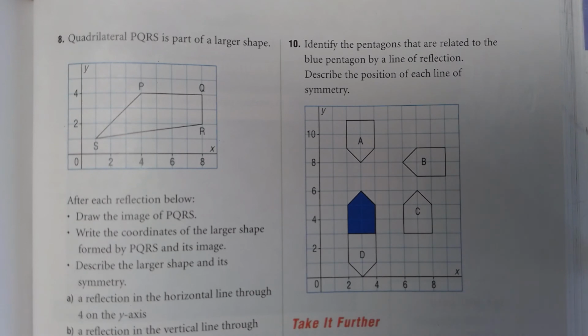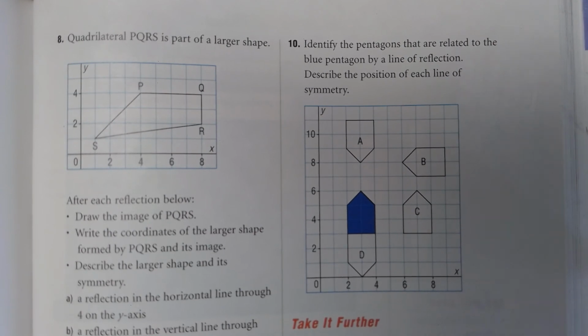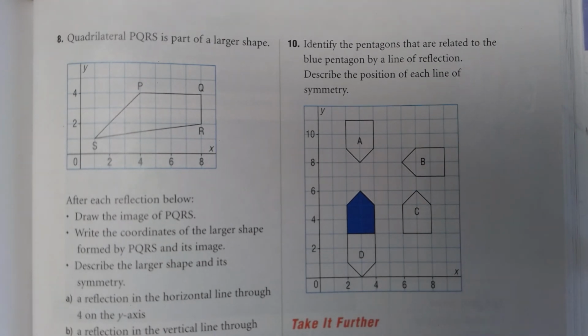Remember the mistake I made back there when we did the example with the red shape where one of them wasn't related and I thought it was. I'm gonna guess there is one shape here that's not related. So there's some pretty obvious ones, but there's one that does not look like it could be related no matter where you put the line.